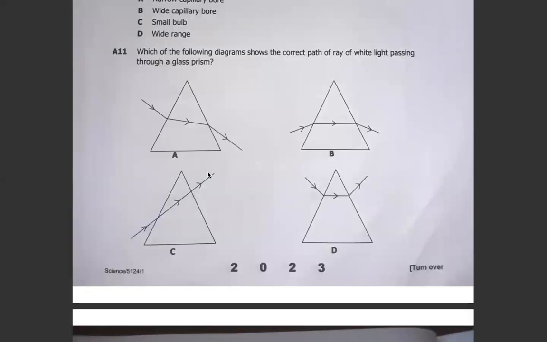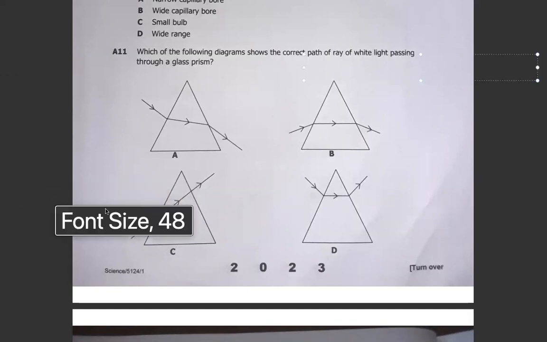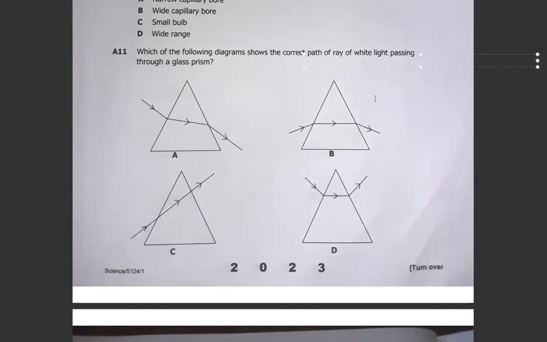And a glass prism, we understand very well that when light is moving from a denser into a less dense medium, maybe let me put up those points. The font is too big, let me try to reduce it a little bit. So you're saying denser to less dense.